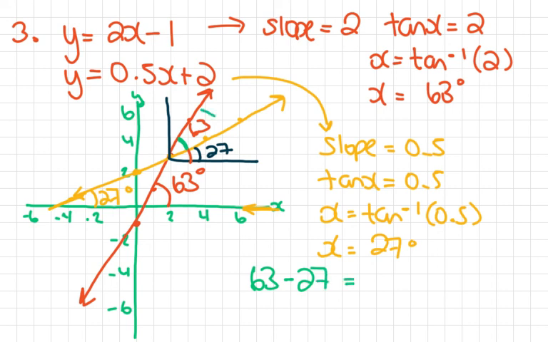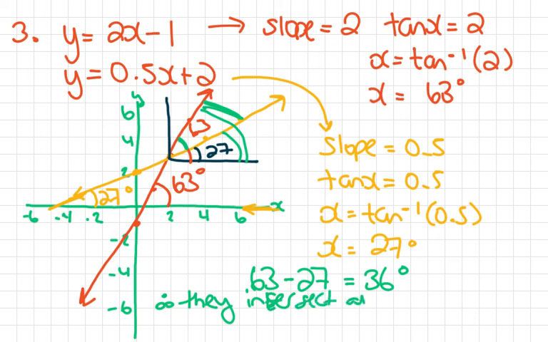Right, because I have this total 63 minus this part 27 will give me this one in here. So 63 minus 27 is 36 degrees. So therefore they intersect at 36 degrees.